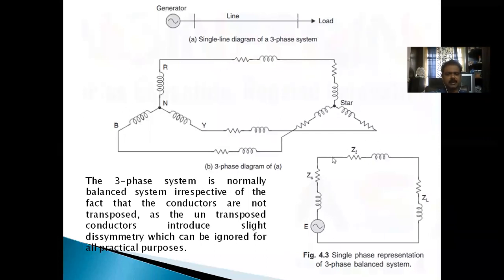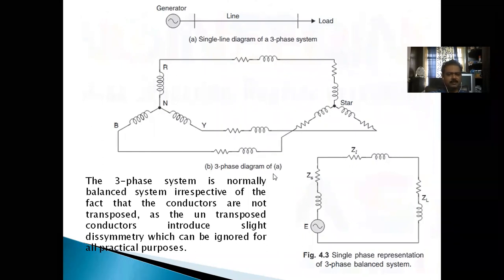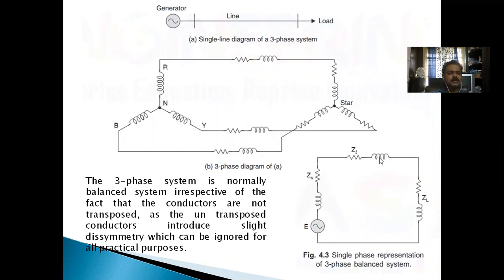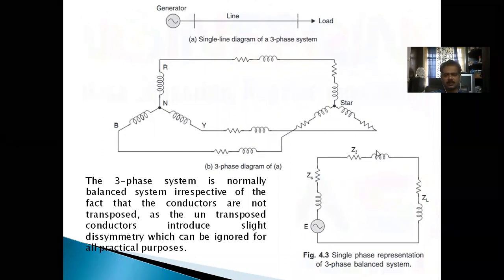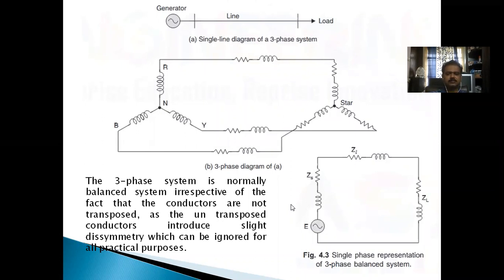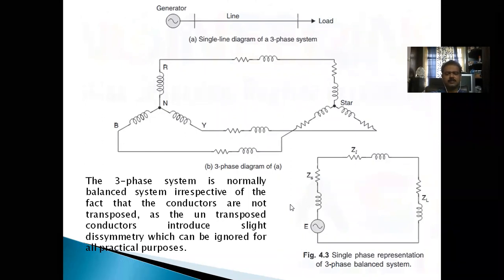The complex three-phase diagram has all three phases in the generator, at the load, and in the transmission line. This entire thing can be represented using either a single line diagram or a single phase representation of a three-phase system. Generally we neglect the transposition, as it may not affect the values.